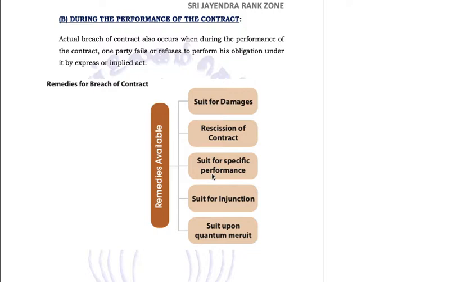Actual breach of the contract also occurs when, during the performance of the contract, one party fails or refuses to perform his obligation under it by express or implied act.